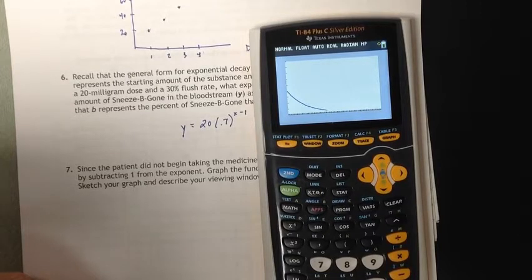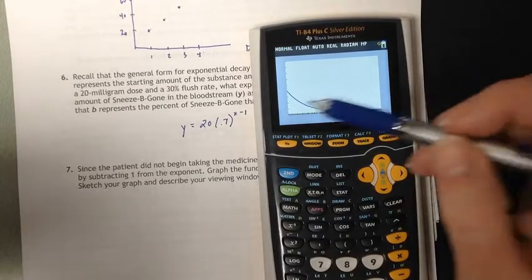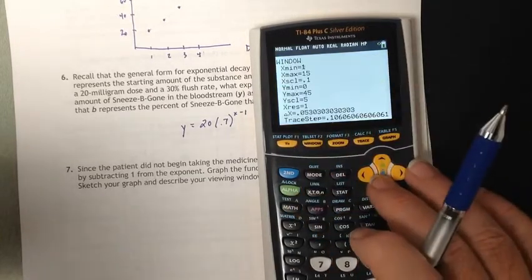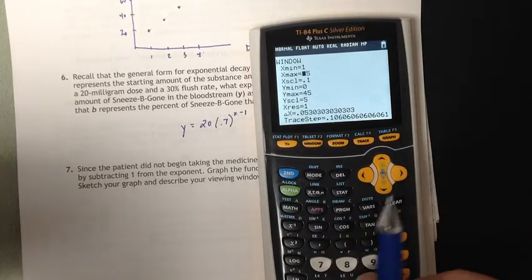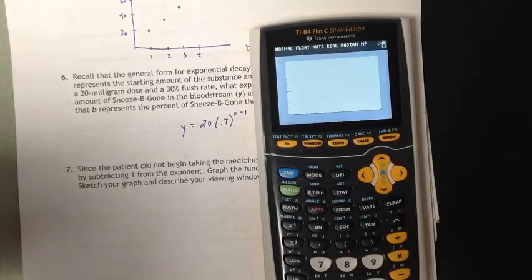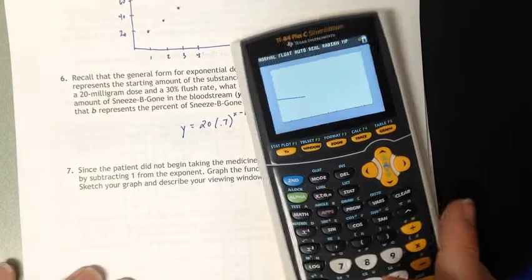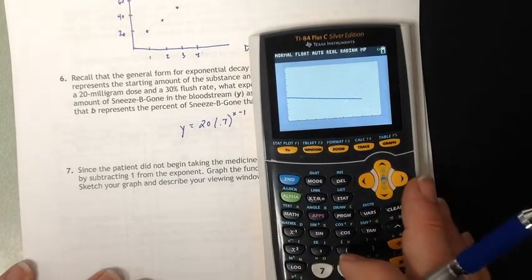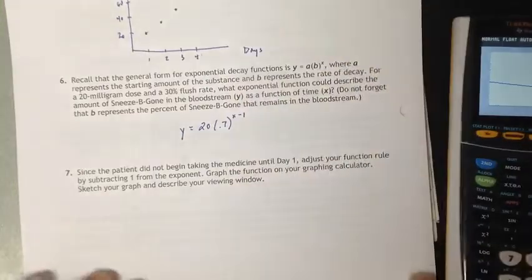You can see it curves a lot more if I look at 15 days. But if I'm only looking at 1 day, I don't see a whole lot of change. If I'm only looking at 1 day, start at 1 and go to 2, it almost looks like a straight line.